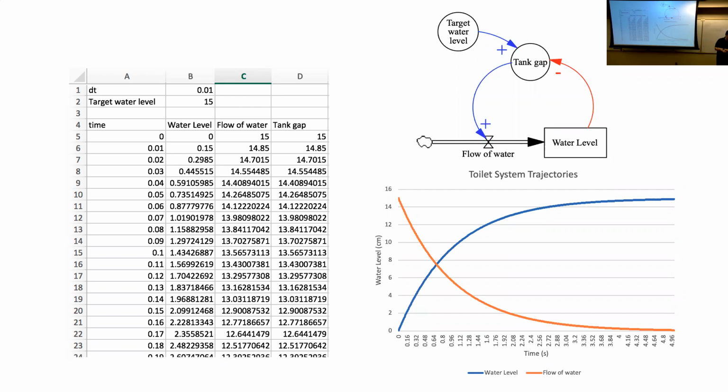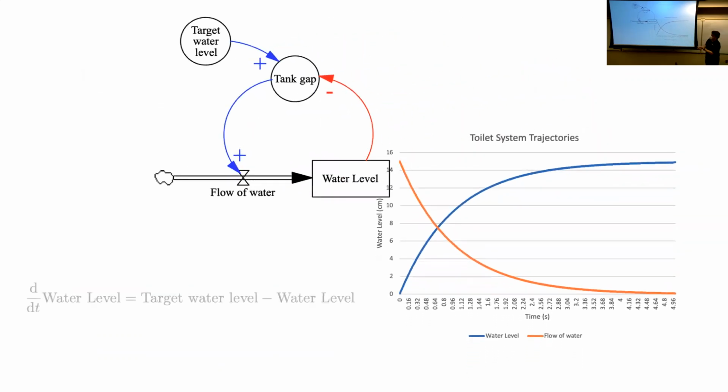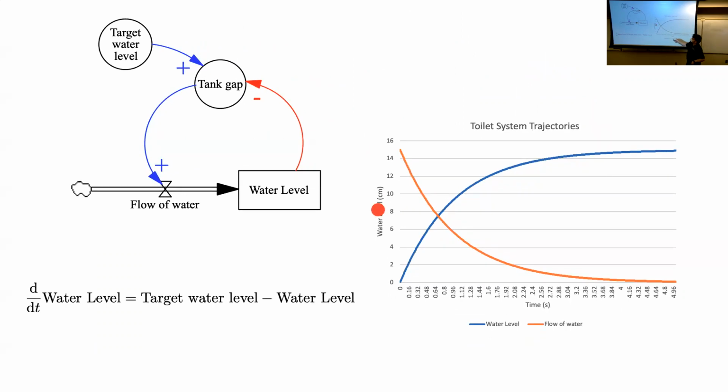Okay, like I was saying, this stock and flow diagram up here is just a graphical version of this mathematical expression down here, where dL/dt, the derivative of water level, if water level you can call L, is equal to the target water level, 15, minus the water level.